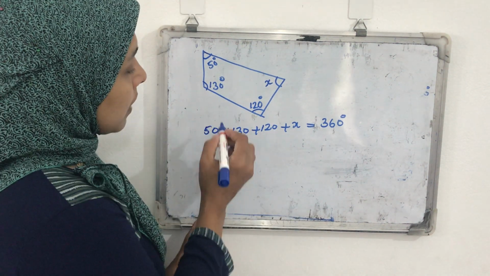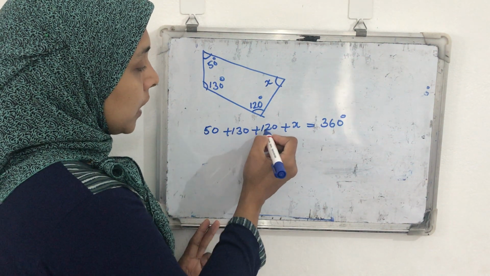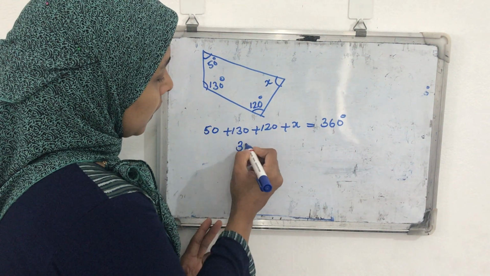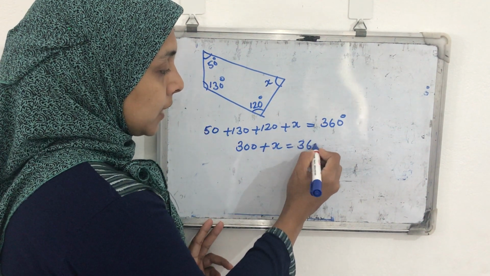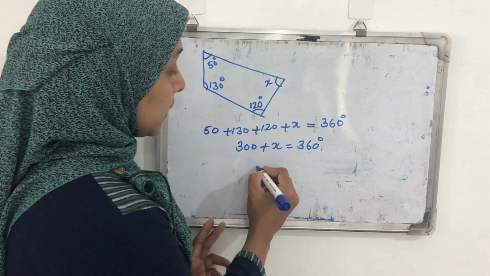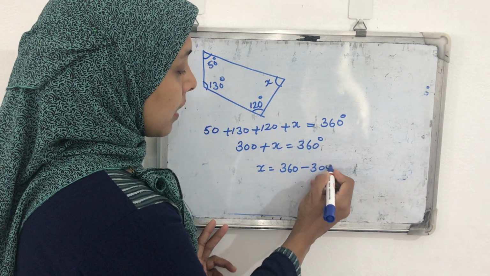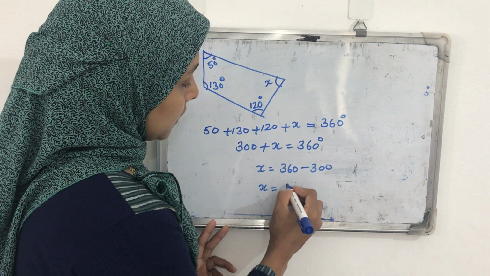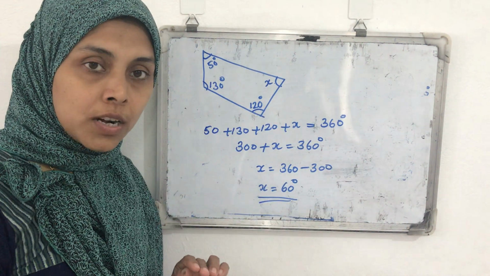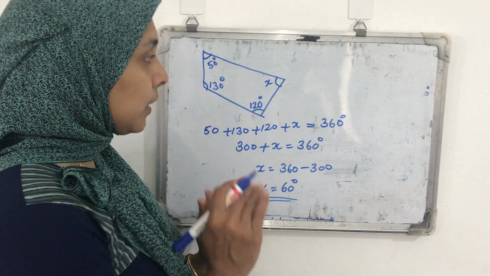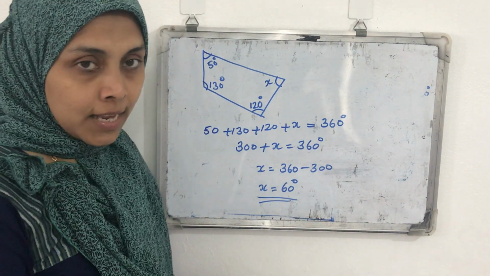Add the given angles: 50 plus 130 is 180, 180 plus 120 is 300, so 300 plus x equals 360 degrees. So x will be equal to 360 minus 300, that is x equals 60 degrees. So the unknown angle x we got is 60 degrees. Using this angle sum property, we can find unknown angles like this.